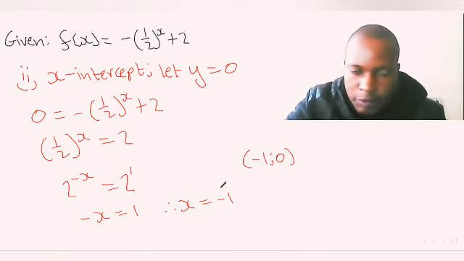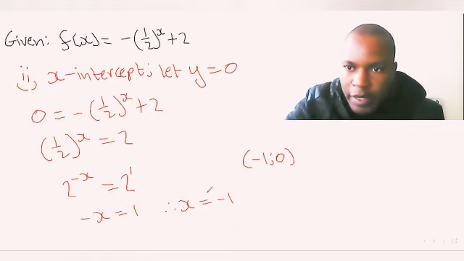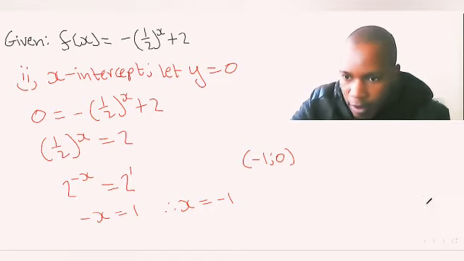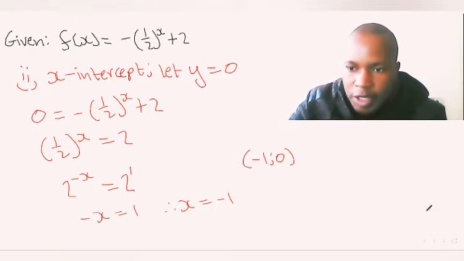Now that we have found all the ingredients to be able to sketch a function, we should go on ahead to sketch the function. For us to do so, I want us to move on to the next page.